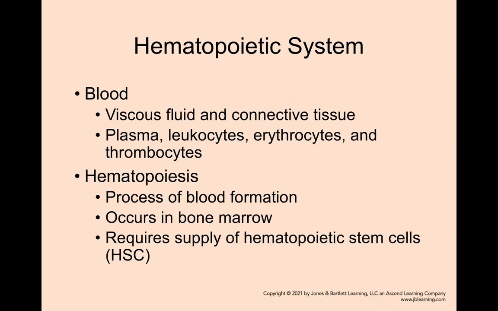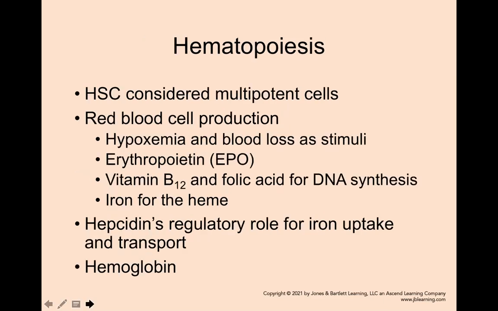Hemopoiesis is the formation of blood. It occurs in the bone marrow, and it requires a steady supply of hemopoietic stem cells. These stem cells differentiate into different kinds of blood cells. These stem cells are considered multipotent cells.